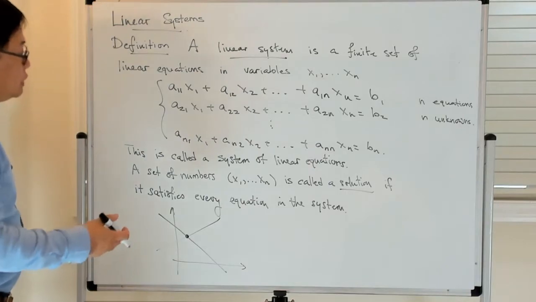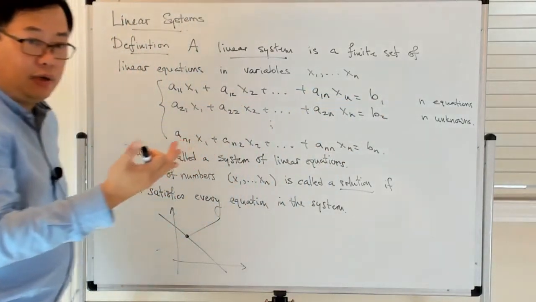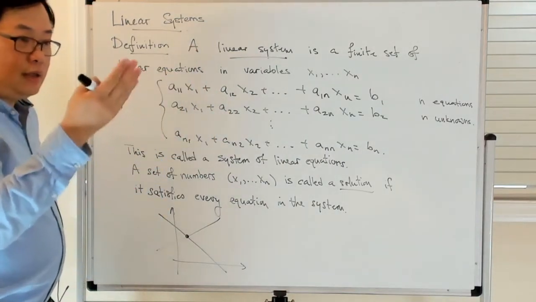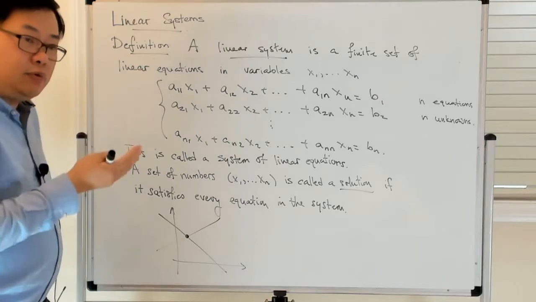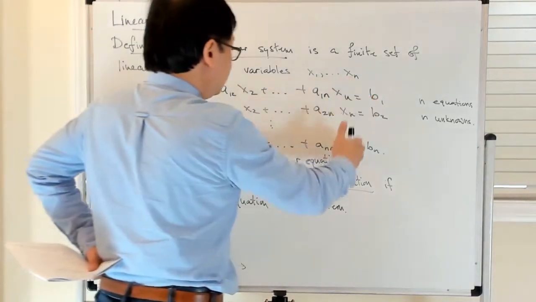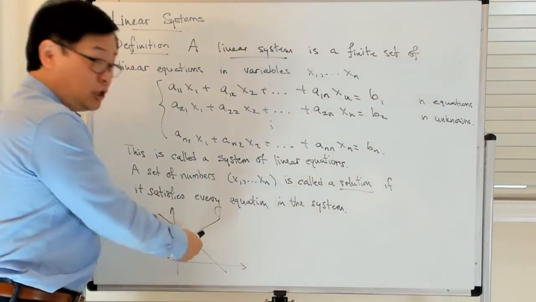More generally, if you're in this n-dimensional space, each of those equations specifies an n-1 dimensional hyperplane. And when you intersect all of those n-1 dimensional hyperplanes, in general you get a unique point.